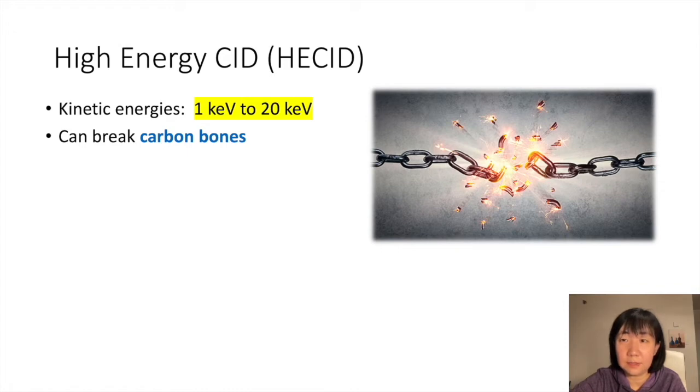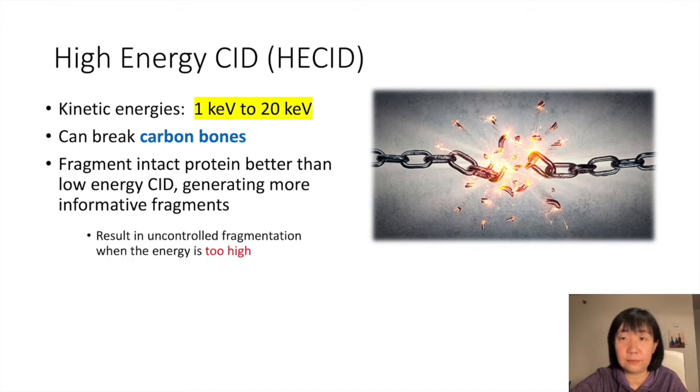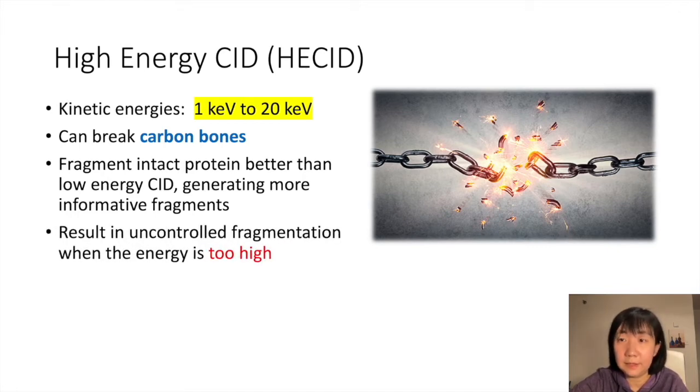For intact protein, HE-CID performs better than low-energy CID, generating more informative fragments. However, if the energy is too high, uncontrolled fragmentation can occur. This should be avoided.